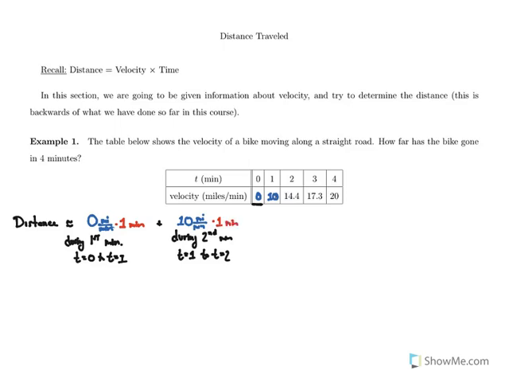And we're going to keep on this process. We can now add how far we're going to travel during the third minute, from t equals 2 to t equals 3. And we're going to use this 14.4, and again, we're going to travel for 1 minute.